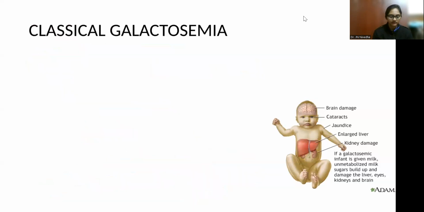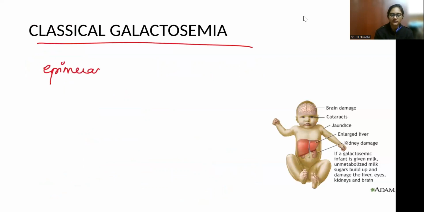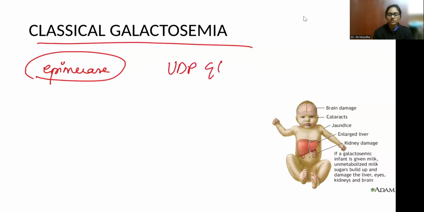Now next, I had told if the epimerase enzyme is also deficient, what can happen? UDP glucose conversion to UDP galactose is also inhibited.